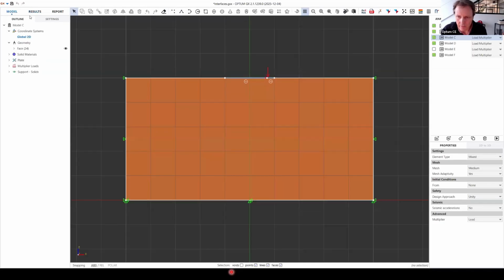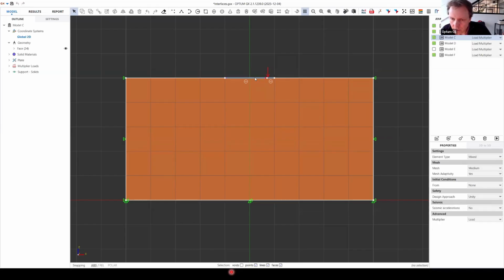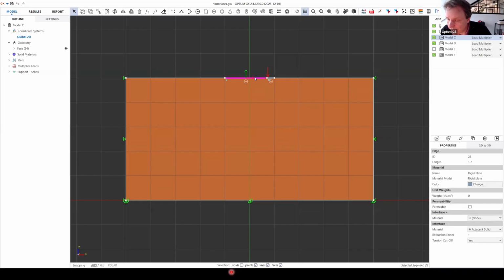So in G2, in GX, the same as in G2. GX is a little bit more convenient, but when you have a plate element, they automatically come with interfaces. And the default settings are actually the ones shown here. So material adjacent solid means it takes the interface material from the adjacent solid. In this case, it's a Tresca, but you could change it to whatever you want.